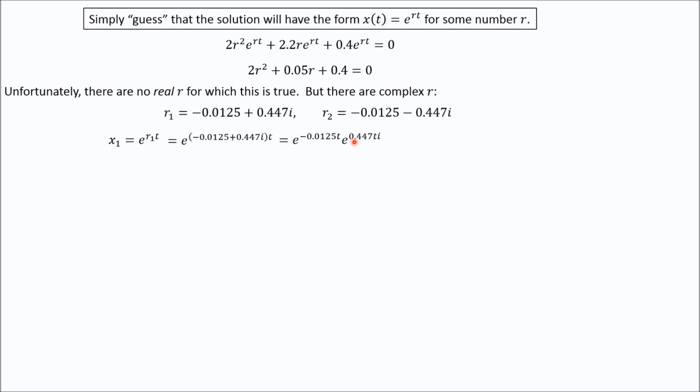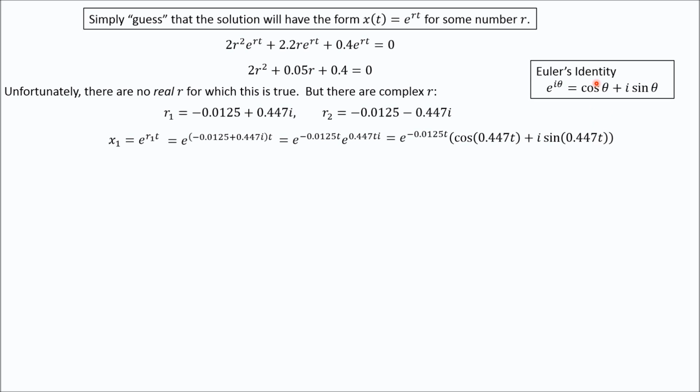But then we have e to the 0.447ti. And it turns out you can rewrite this term as cosine of thing plus i sine of thing. That's Euler's identity, that e to the i times a thing is cosine thing plus i sine thing, where the thing in this case is 0.447t.